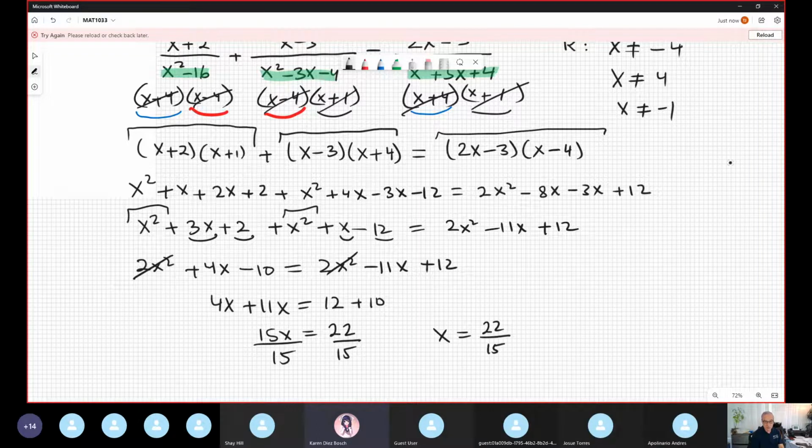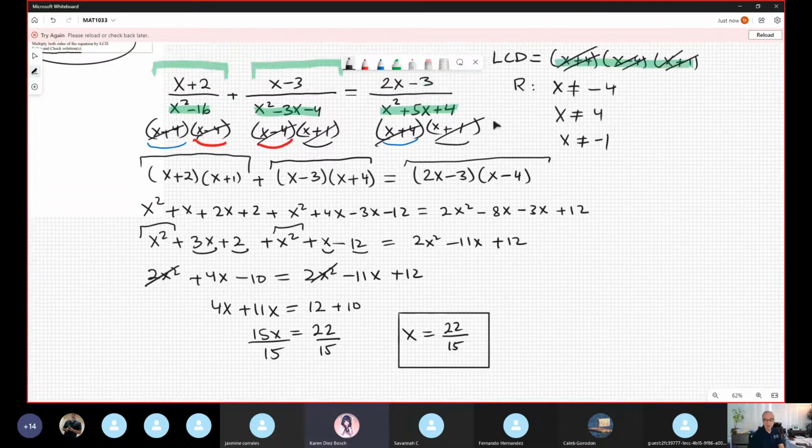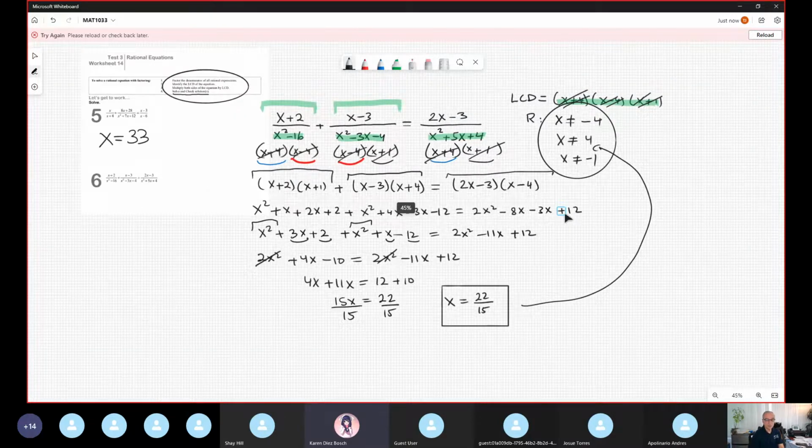In this case, it's impossible to do anything because there is no common factor, and we cannot reduce to lowest terms. But I immediately compare this and this, no coincidence with the restriction. This answer is correct. The answer then is x equal to the fraction 22 over 15. Boom, final answer. Any question?